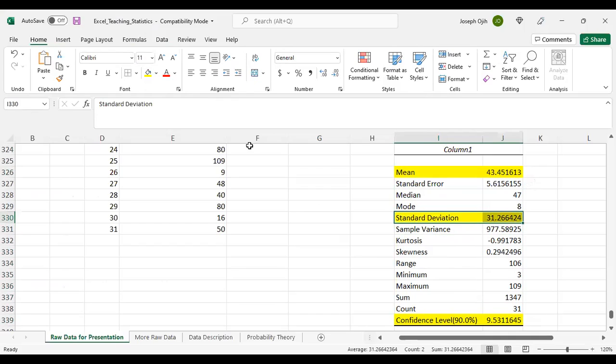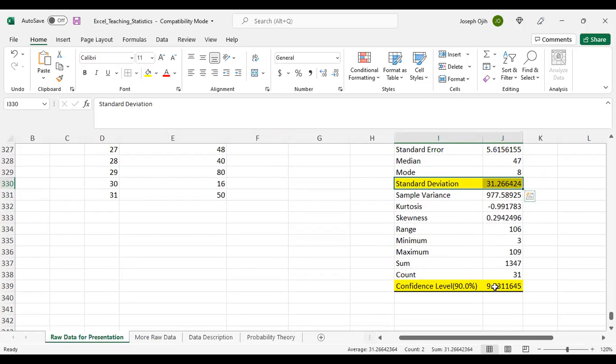So I'm going to write all this down, and we go back and finish up. Mean X bar is, you can see right here, 43.45. Then standard deviation, we don't even need the standard deviation because it already gave us the error. So our error is 9.53.